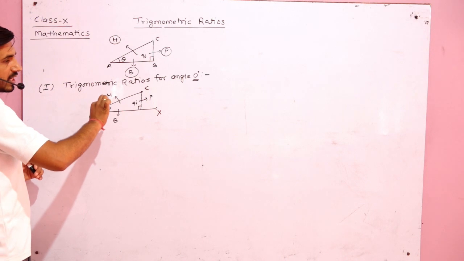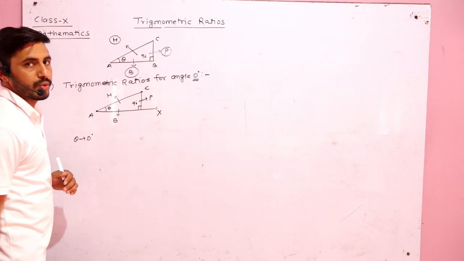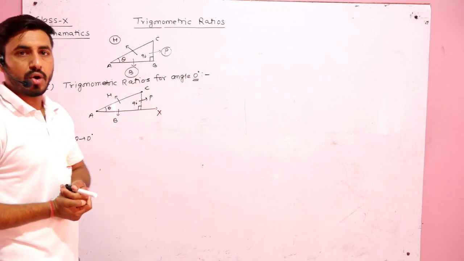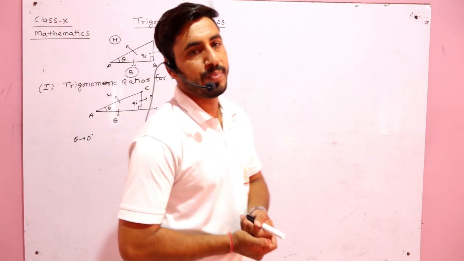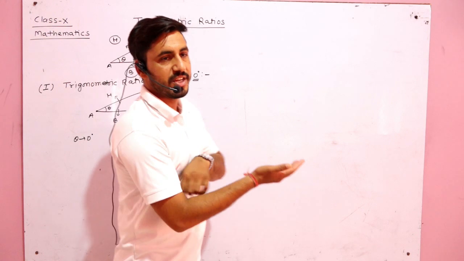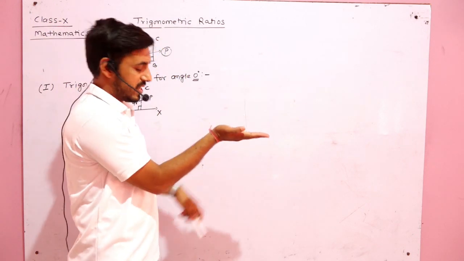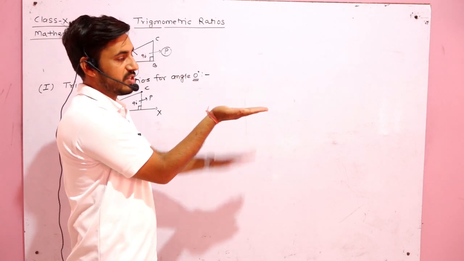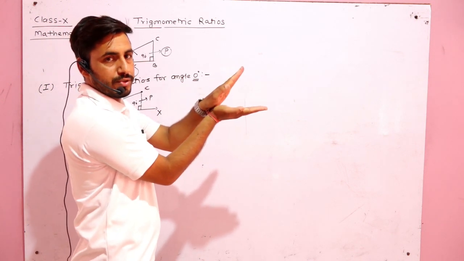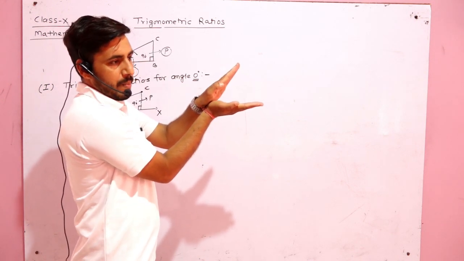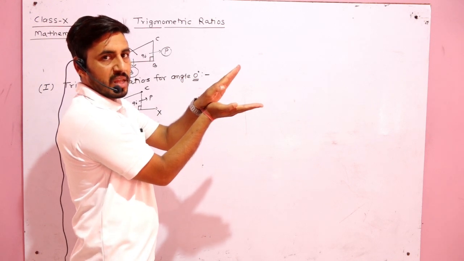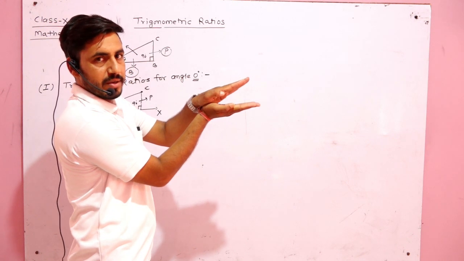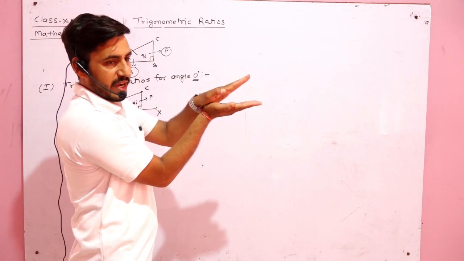I am just making theta tend to 0, which means this angle will be 0. If I take this side as the base and this side as the hypotenuse, and I have to make the angle 0 degree, then I have to move from this side.